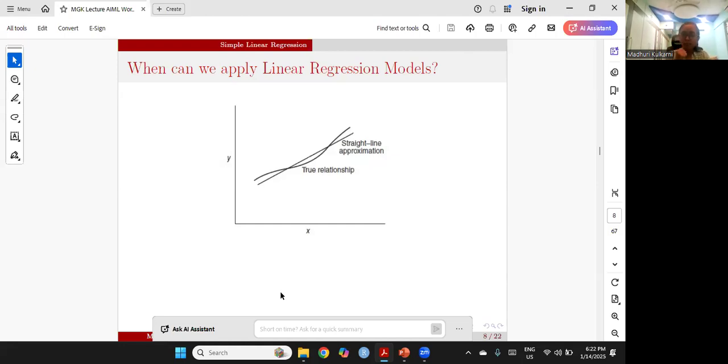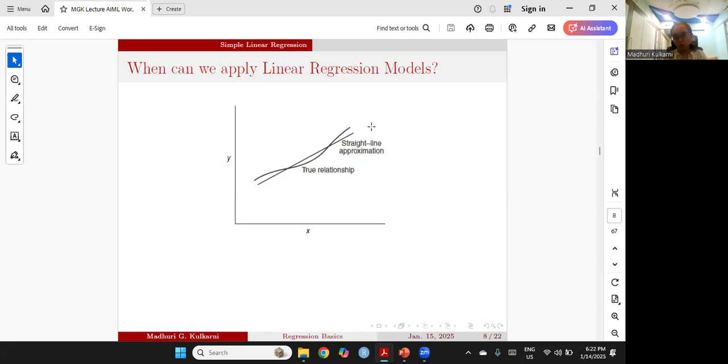In general, when it comes to deciding whether to go for a linear regression model or not, one can just get the scatter plot of the data. If the actual data is around a fitted regression line, then a linear regression model is all right.